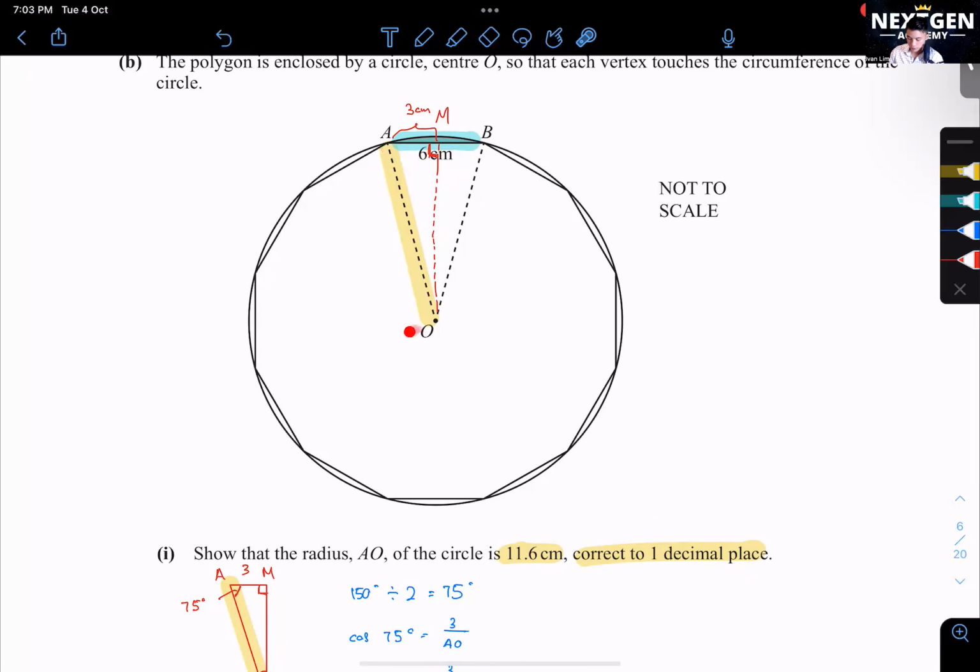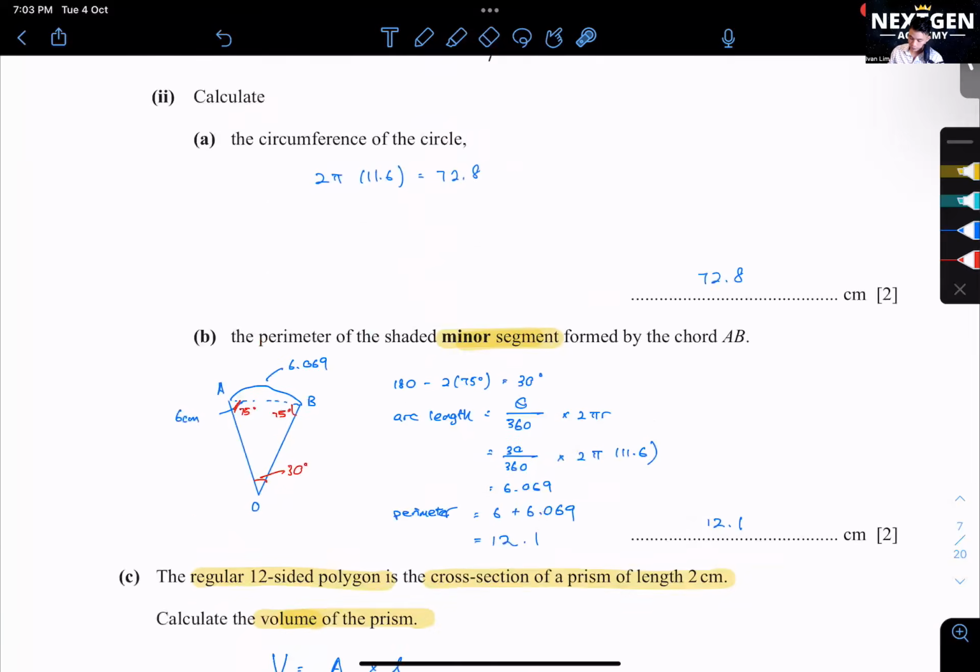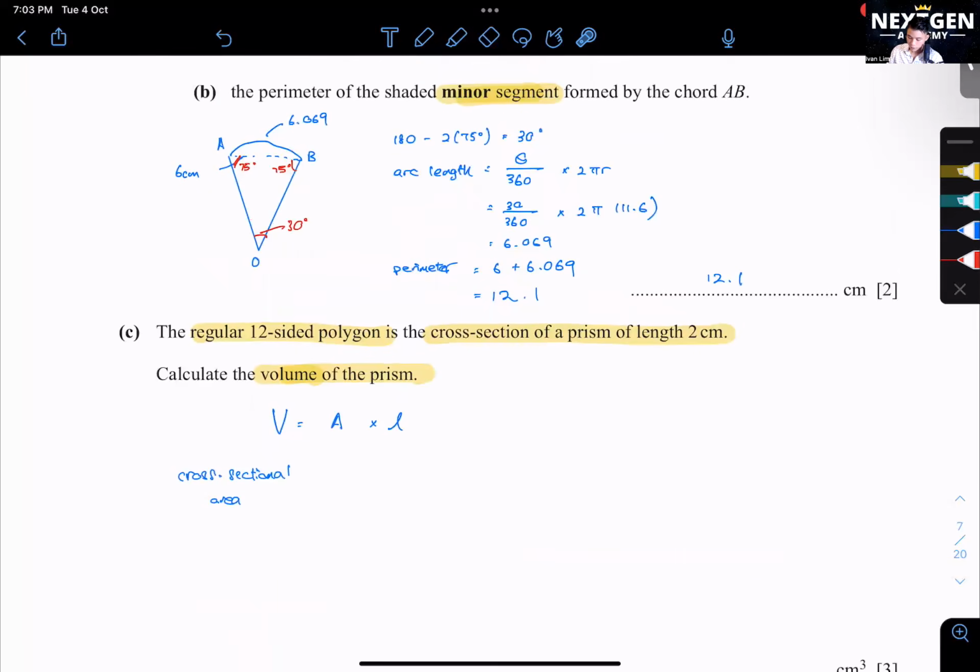If you go and split it up, because it's a regular polygon, you have 12 of it. So I need to find the area of one triangle, then I multiply it by 12. Therefore, I can get the cross-sectional area, right? Okay, so this is what I'll be doing. This triangle, how to get this triangle?